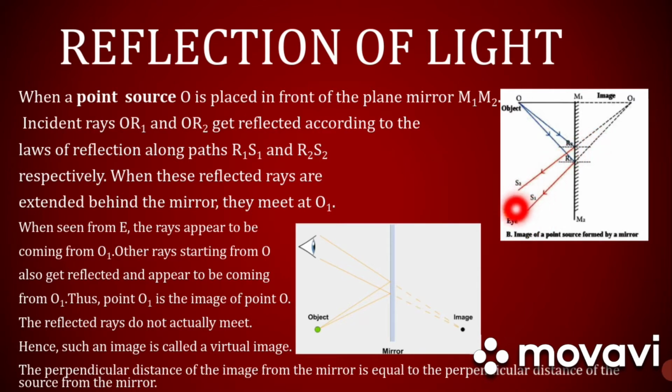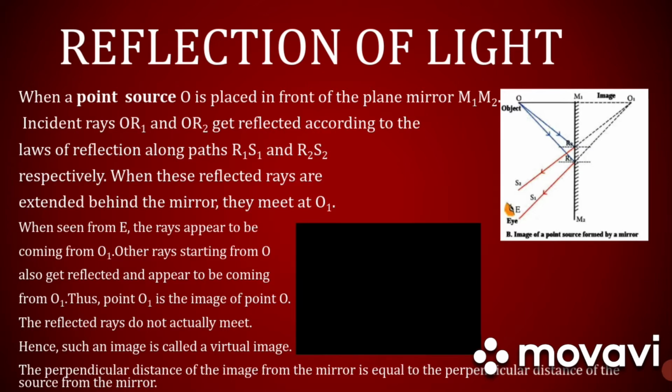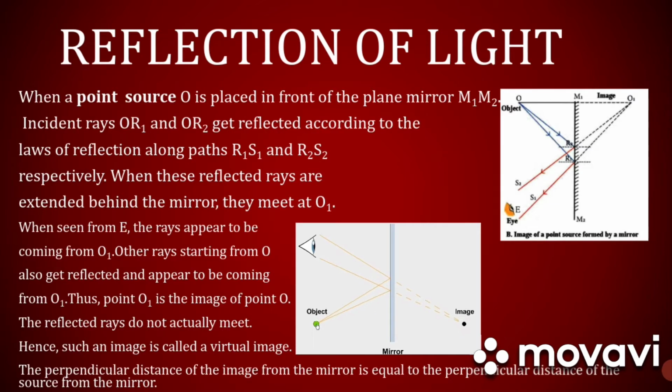When these reflected rays are extended behind the mirror, they meet at O1. When seen from E, the rays appear to be coming from O1. Other rays starting from O also get reflected and appear to be coming from O1. Thus point O1 is the image of point O.